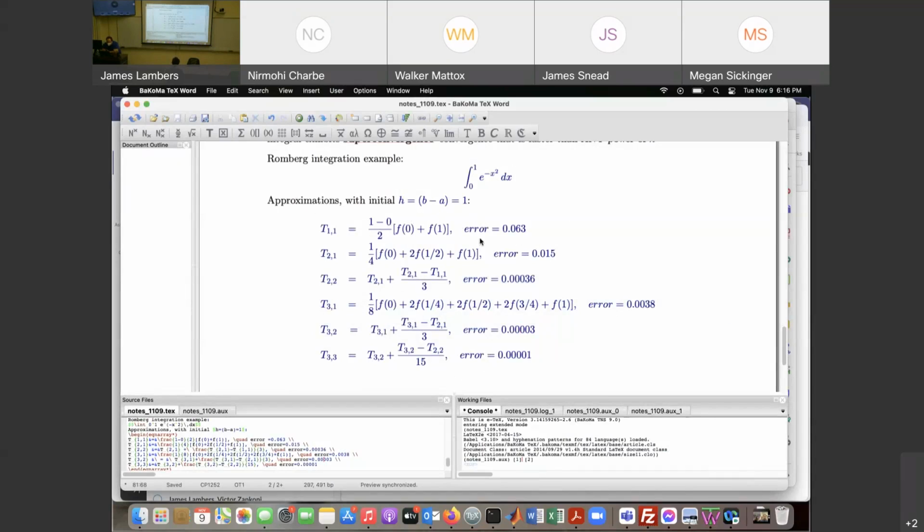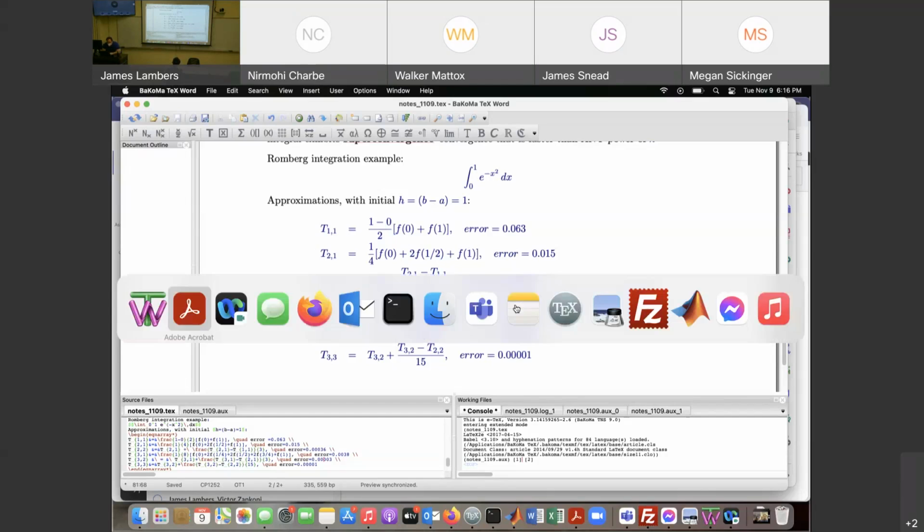Here, 0 and 1. Here, 0, 1/2, and 1. 2 of the 3 points were reused. Here I have 0, 1/2, and 1. All of these reused again, and then the new points, 1/4 and 3/4. That should be exploited so that whatever information you use here, you reuse down here, and then add in whatever new function evaluations.